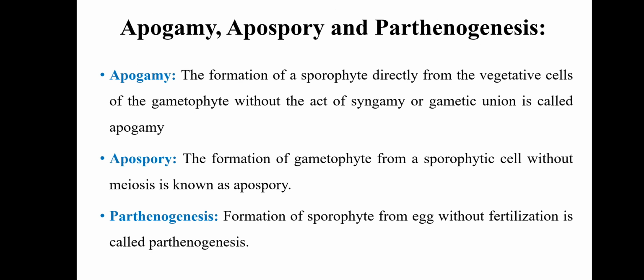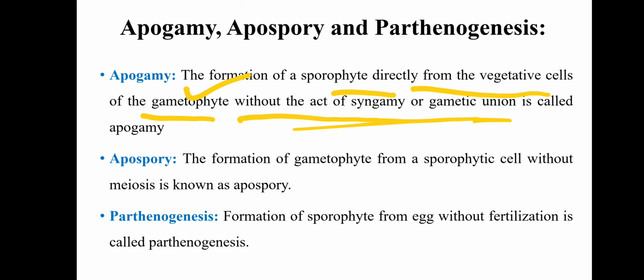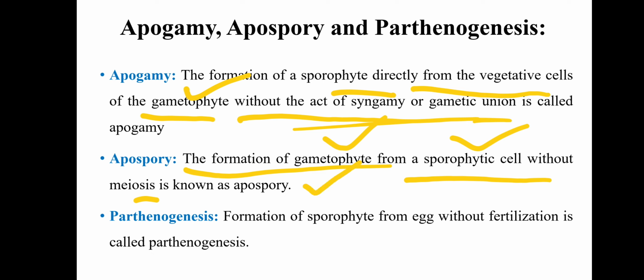Then what are apogamy, apospory and parthenogenesis? Apogamy is the formation of a sporophyte directly from a vegetative cell of the gametophyte without the act of syngamy or gametic union. In apospory, a gametophyte forms from a sporophytic cell without meiosis. And what is parthenogenesis?